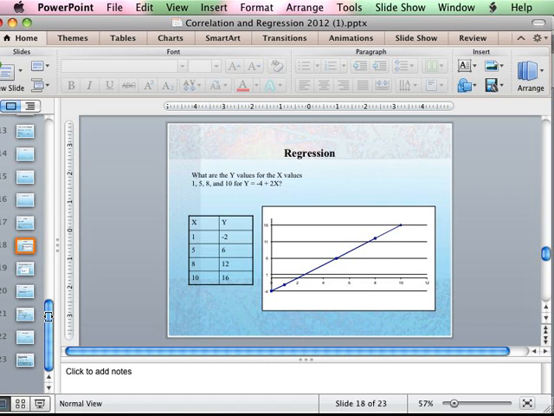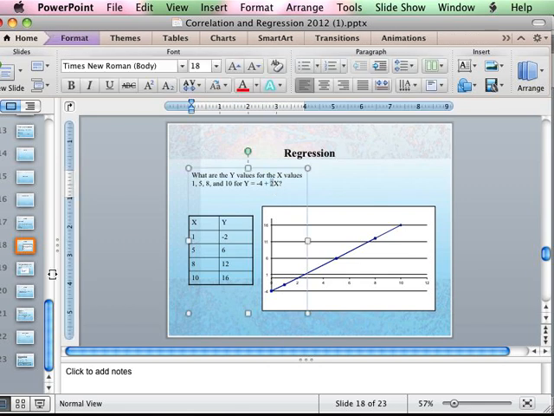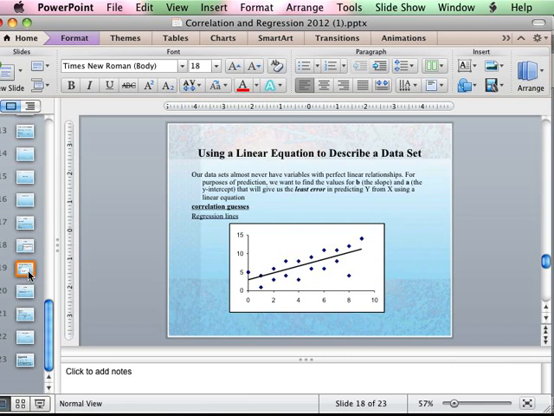Isn't the negative 4 just the starting point? Right. So does that have anything to do with the slope, really? So that can be positive, negative, it doesn't matter in regard to the slope, or the nature of the relationship, I should say. But the slope itself tells you exactly whether or not you have a positive relationship or a negative relationship.